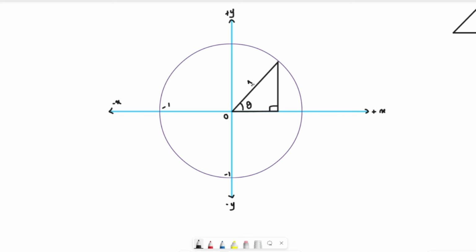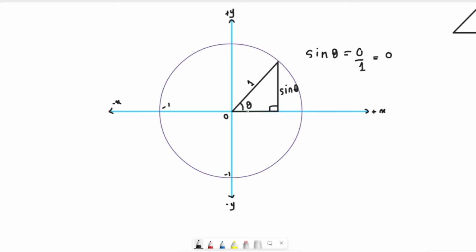So if this right angled triangle has a hypotenuse of 1, and since we know that sine theta is equal to opposite over hypotenuse, which in this case is 1, we get that the opposite is equal to sine. So I can write here that sine theta is the opposite of this triangle.